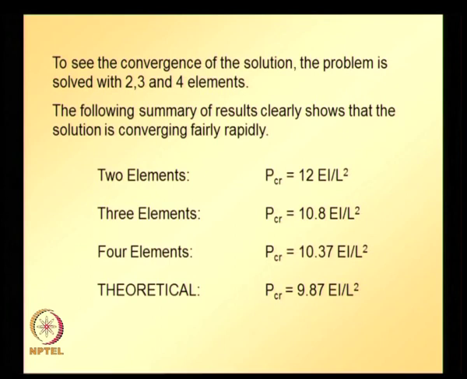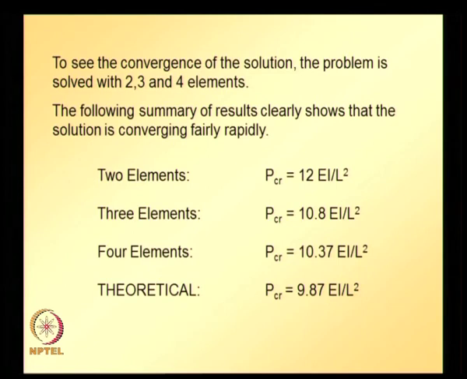With 2 linear elements, P critical is 12 EI over L square. With 3 linear elements, we get 10.8 EI over L square. With 4 elements, the finite element solution gives P critical as 10.37 EI over L square.